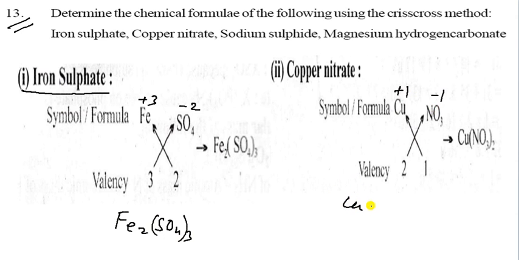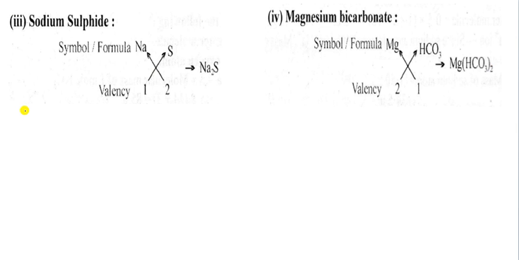Here copper has plus 1 valency. Nitrate has minus 1 valency. Now you can write the formula. It's CuNO3. Don't write 1. So that one is the valency of copper, that is 2. So you can write here Cu(NO3)2. So let us see the last, sodium sulfide. Sodium has plus 1 valency and sulfide has minus 2 valency.